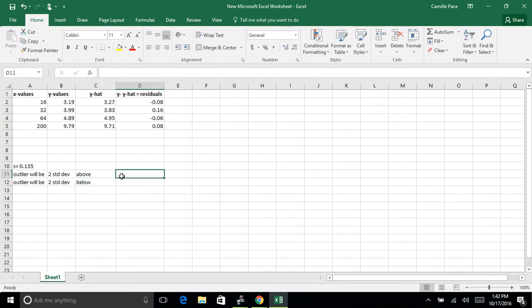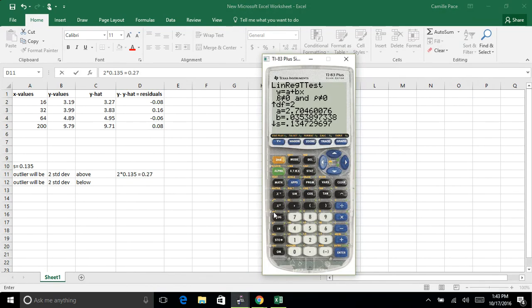So what I'm going to do is 2 times 0.135, and I get 0.27. Remember that 0.135 is coming from here, the S value, rounded.